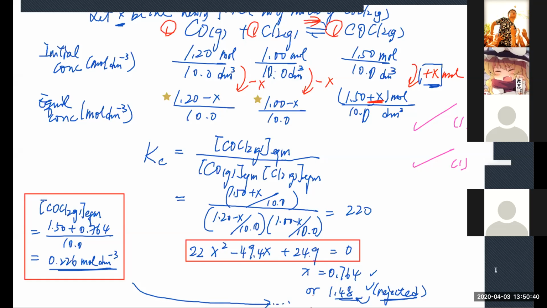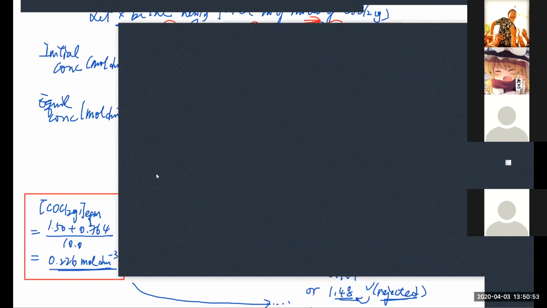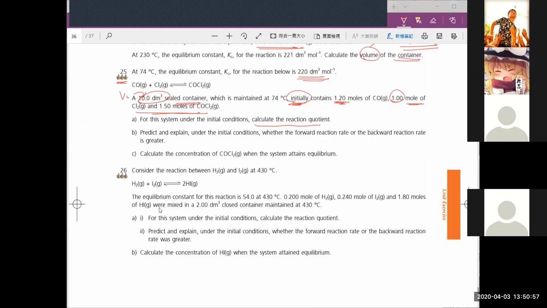Now, question 26. Question 26, what is that? Now you refer to the part again. Question 26. Sorry about that. Yes, 26 here. Now this one, very similar, right? 25 and 26 are very similar.